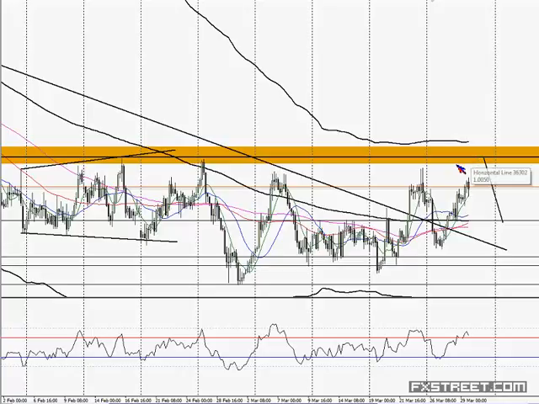There's no clarity in this range, but we do see consistent resistance here at the 1.0050 area, maybe up to 1.0070. So I'm waiting for this to come up to this level.